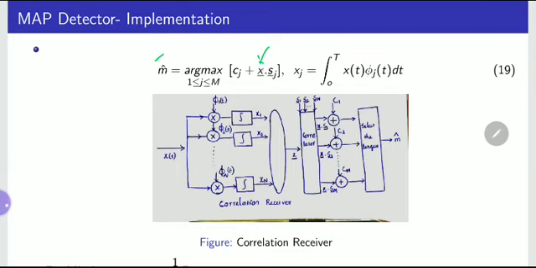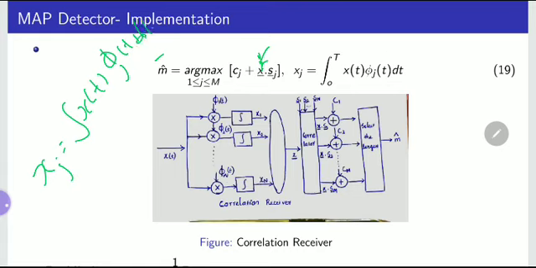To get x, first you have the vector; x is actually the coefficients, or the projection, of x of t on each of the basis functions phi 1 to phi N of t. In order to get those coefficients, xj is the integral of x of t times phi j of t dt.